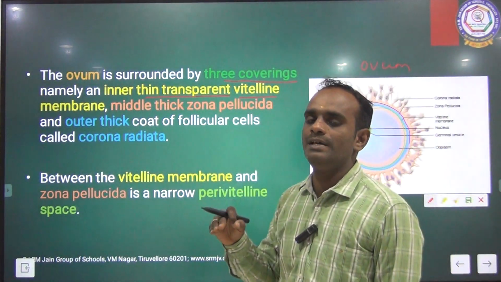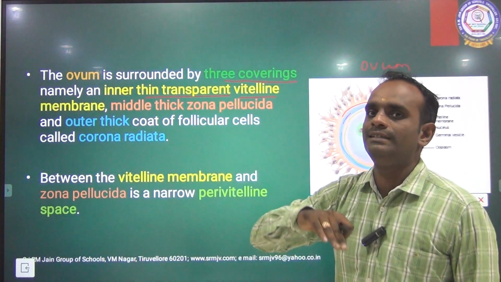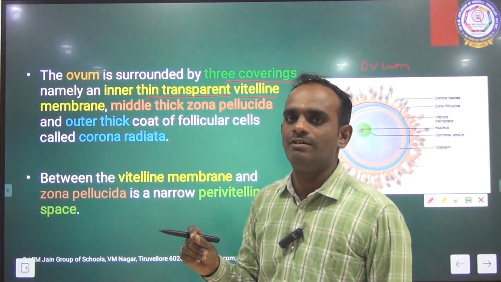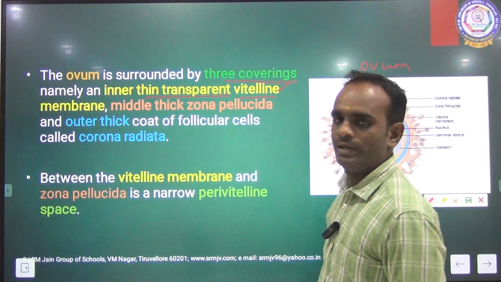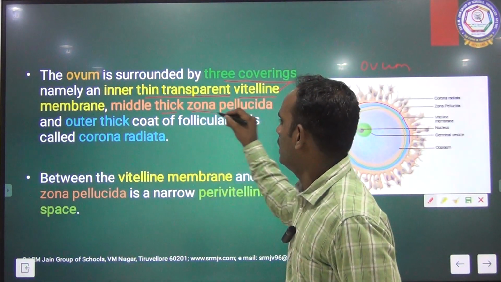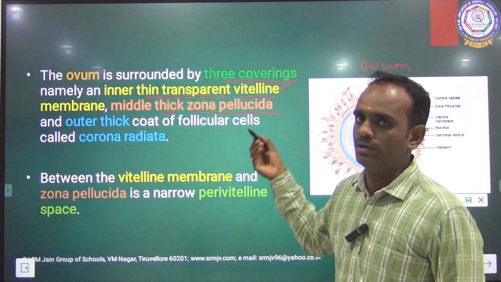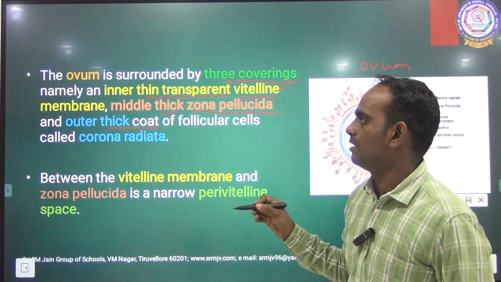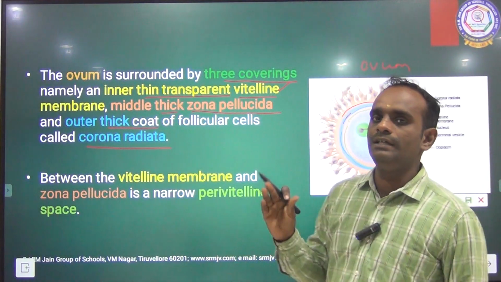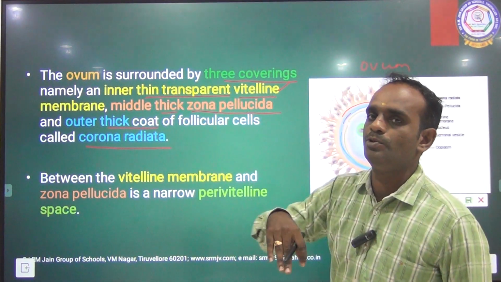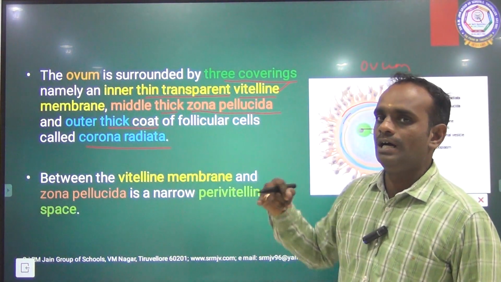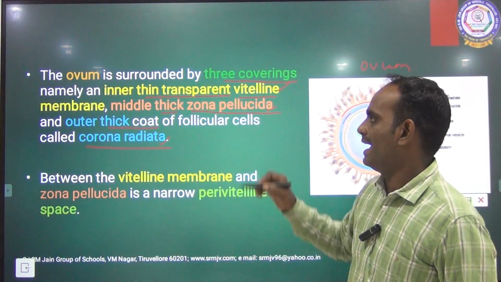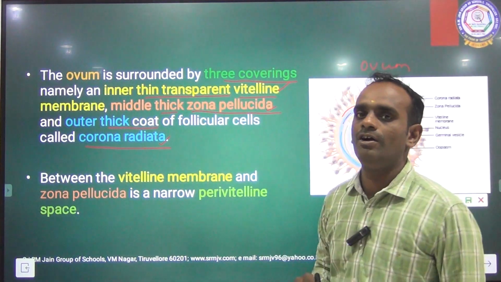The middle layer is the zona pellucida, and the outer one is a thick coat of follicular cells called corona radiata.